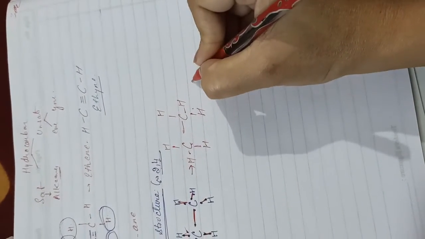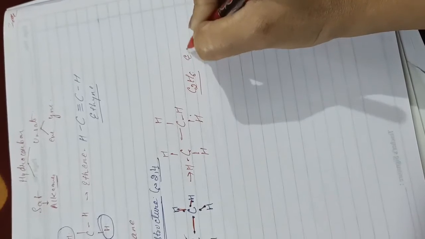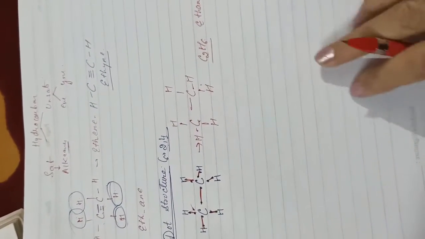So this is a dot structure. Understood? What is the name of this one? C2H6. It is said to be ethane.